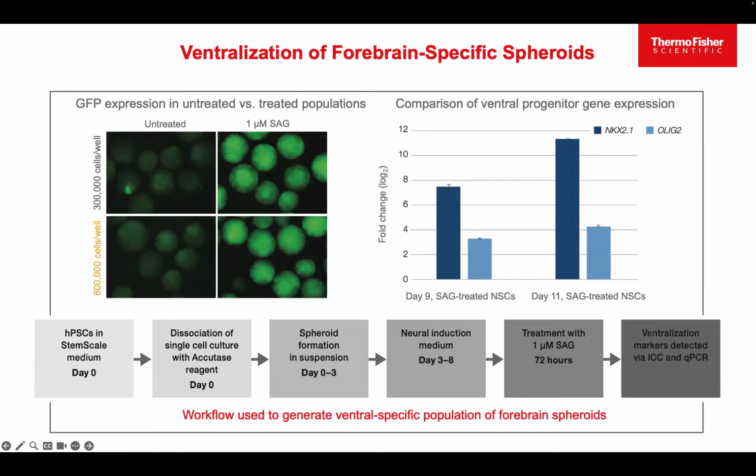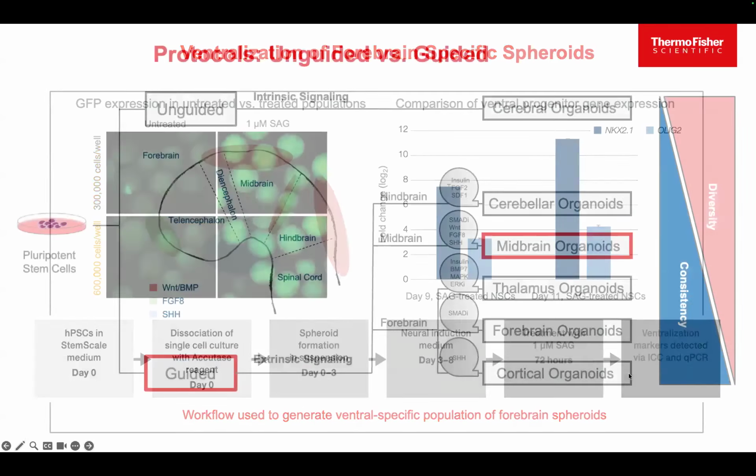Again, it's nice to have these very specific models of regions of the brain, in this case, specific models that allow us to even study different interactions between those different brain regions, or even in some cases, the same brain region, as we're seeing here with the forebrain. So again, I won't go into too much on the data here for the interest of time, but I think this is a really good and very impressive model.